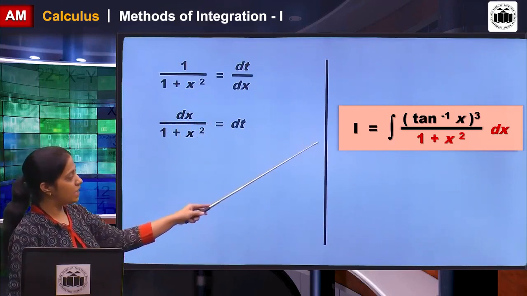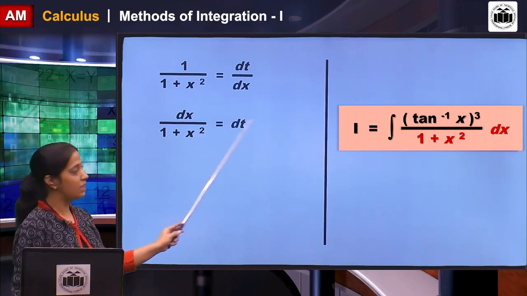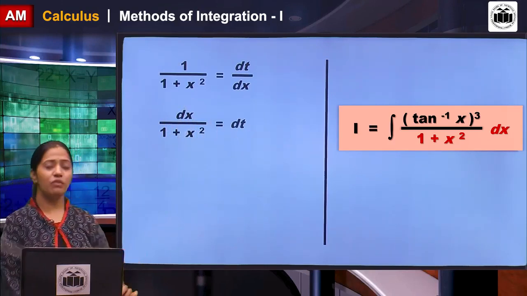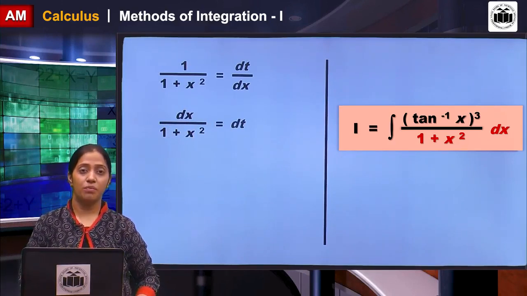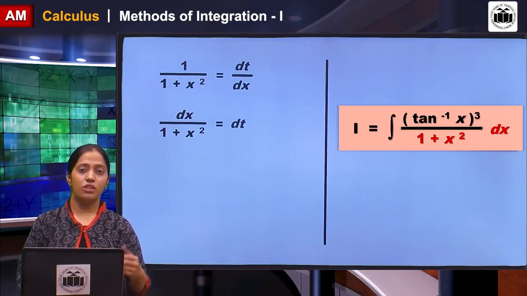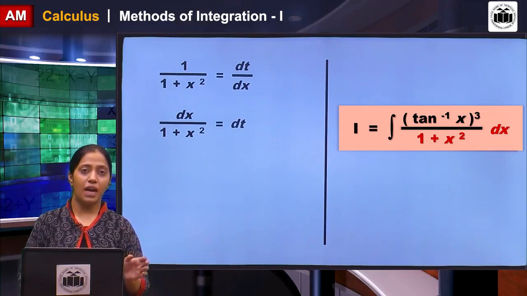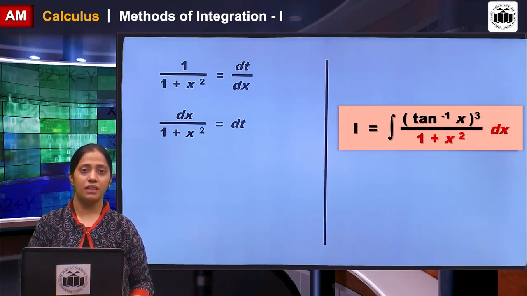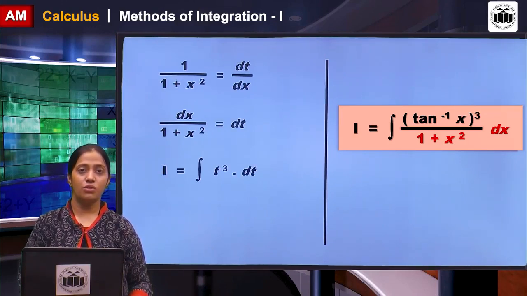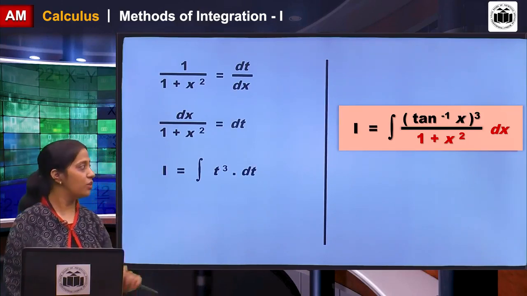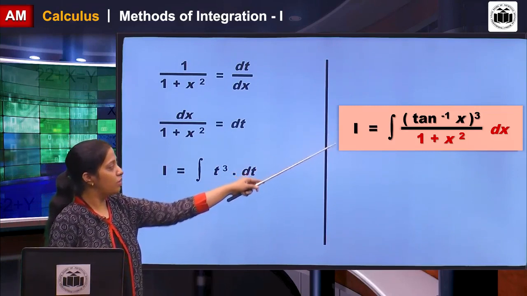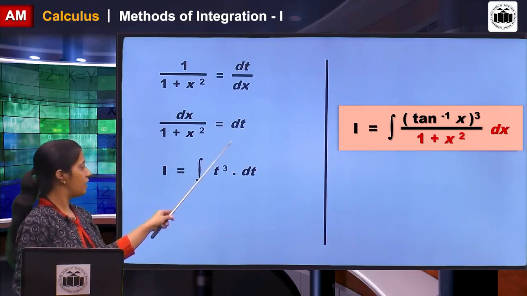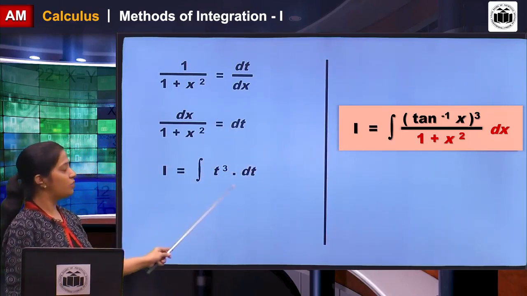That means dx upon the remaining terms is nothing but your dt. That will happen in every substitution type. The term which you are substituting, except that, all the remaining value comes as dt. So this is the integration of t raised to 3 into dt.